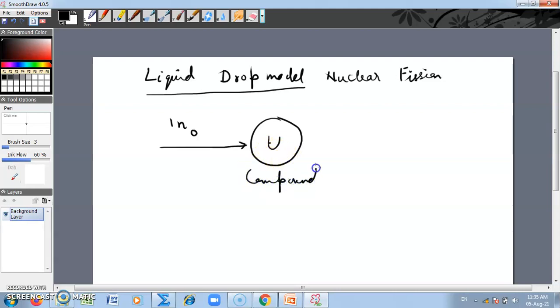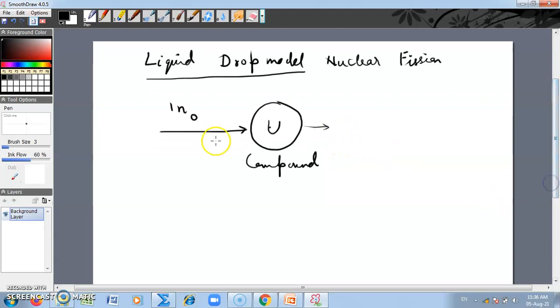In the theory of nuclear reactions that we studied, we saw that this is in an excited state, and then it again breaks up into some other parts, because since it's an excited state, it will try to come down to the ground state. And this intermediate state is called the compound nucleus.